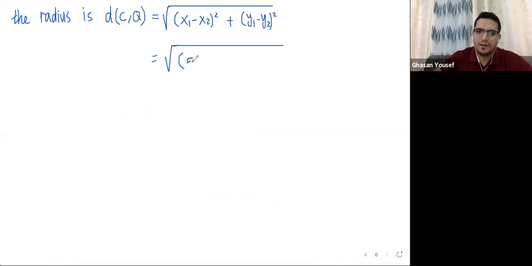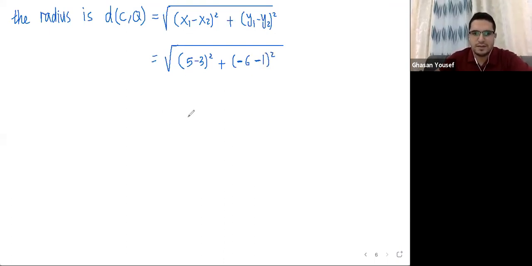So 5 minus 3 square plus 1 minus, 5 minus 3 and minus 6 minus 1 square. 5 minus 3 square is 2 square, plus minus 6 minus 1 is minus 7 square.